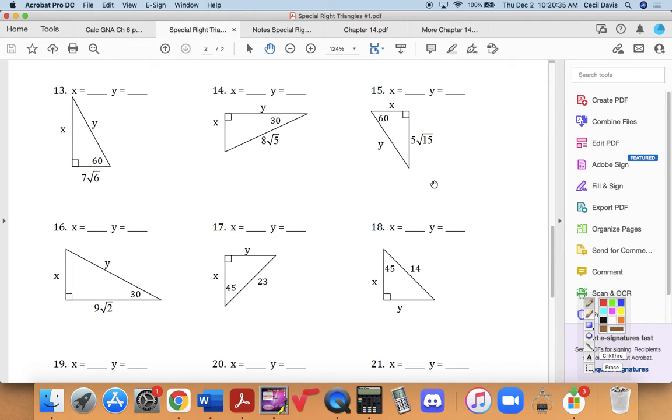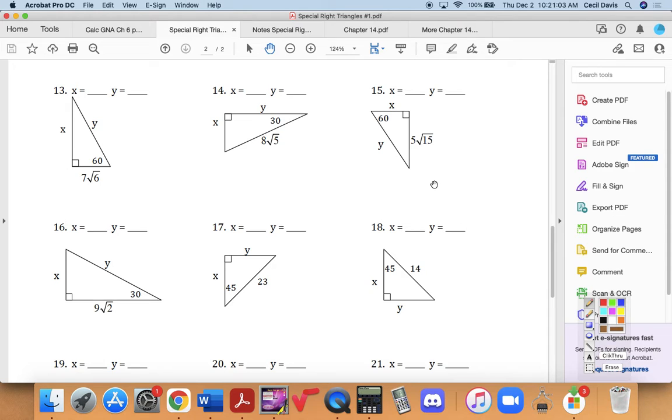Number 24, they're both 10 square roots of 3. Number 25, x is 15 square roots of 2 and y is 15. 26, they're both 7. And 27, the problem to see if you were paying attention or not, is 2 square roots of 33. Questions on the back?